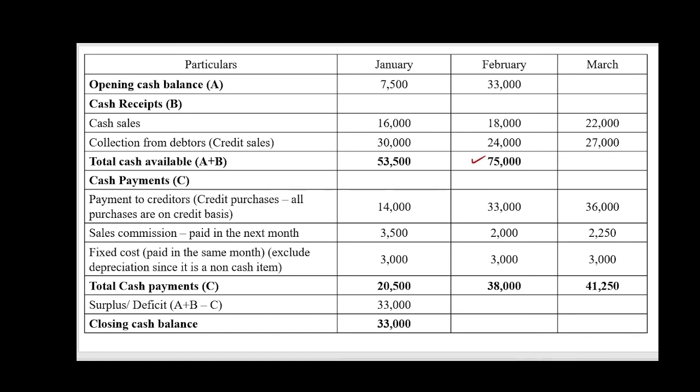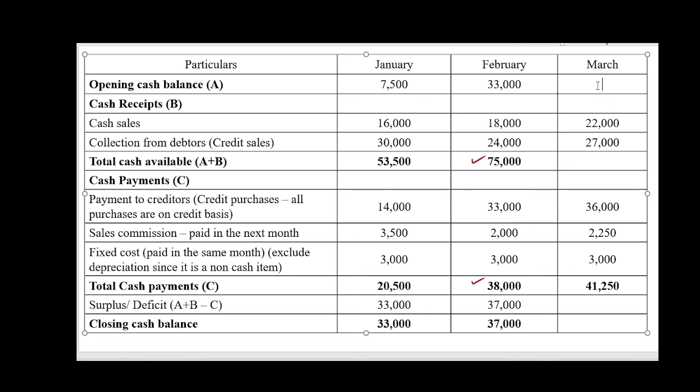From that, payments worth rupees 38,000 have to be deducted. So the surplus would be rupees 75,000 minus 38,000, that comes to 37,000. Since it is a surplus, that itself will be the closing cash balance for the month of February.